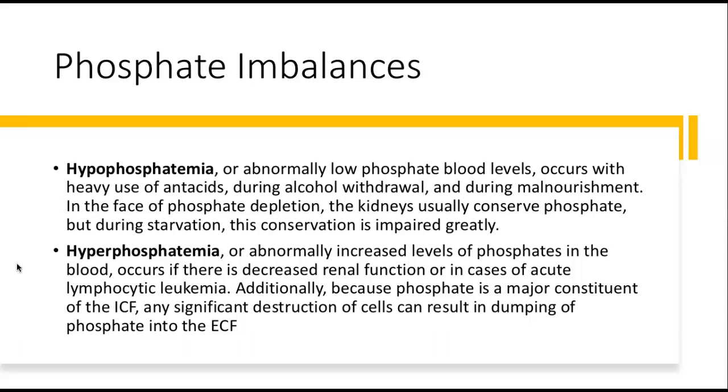And if you have hyperphosphatemia, which is, of course, an abnormally increased level of phosphates, there's decreased renal function, or in cases of acute lymphocytic leukemia. Additionally, phosphate is a major constituent of the intracellular fluid, and any significant destruction of cells will result in the dumping of phosphate into the extracellular fluid.